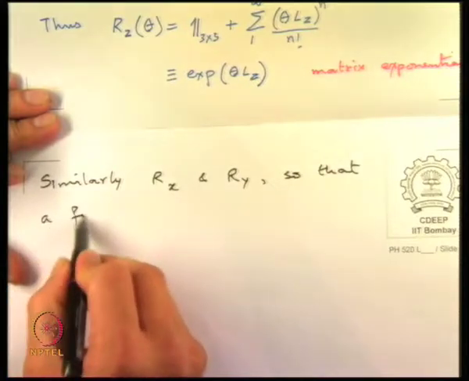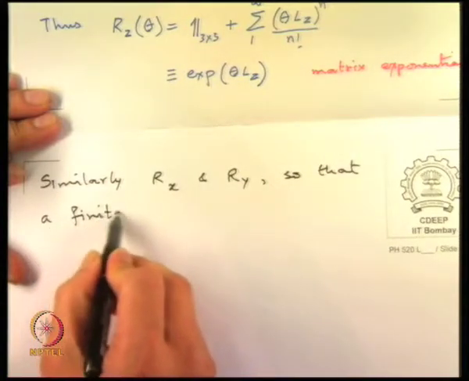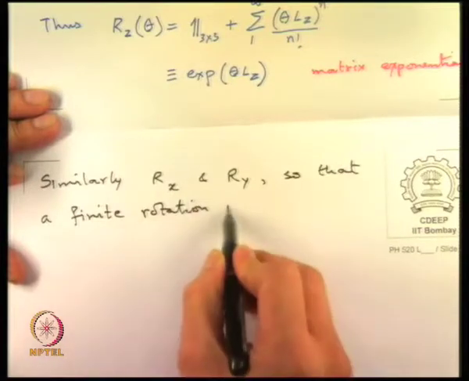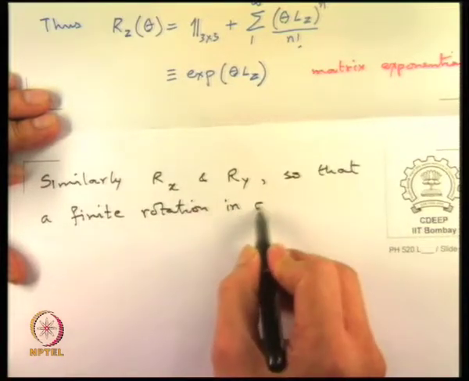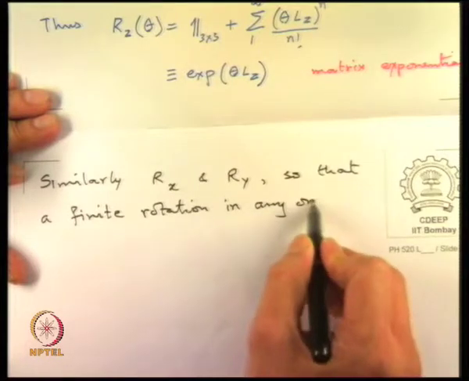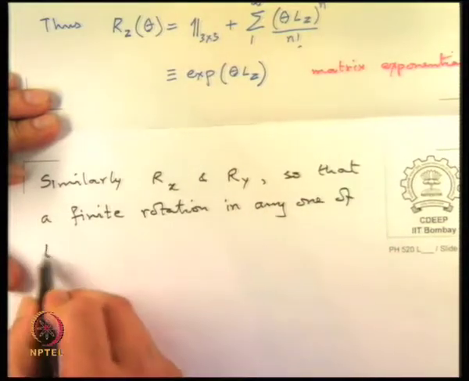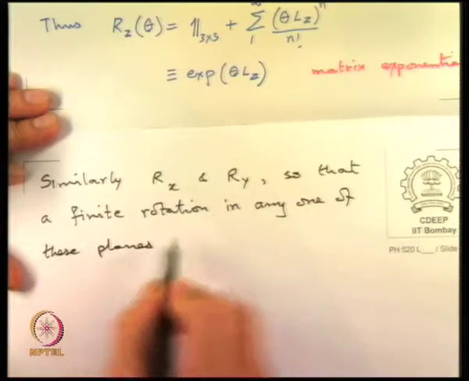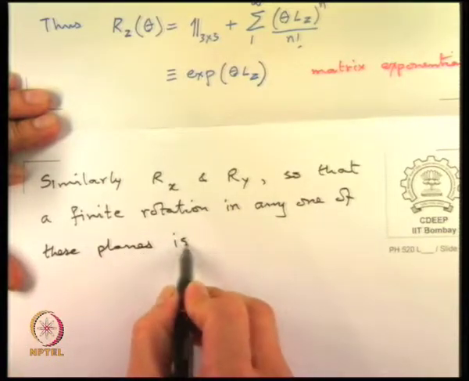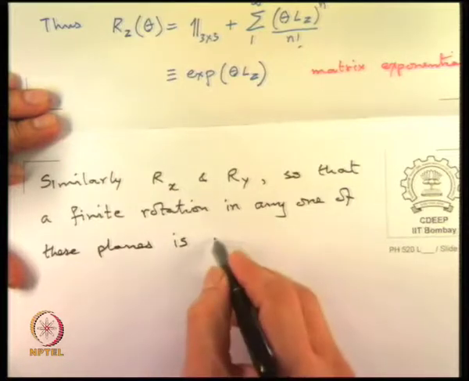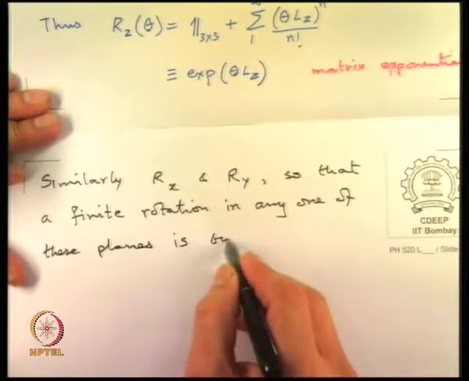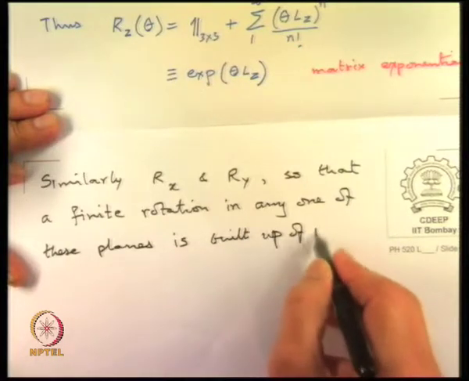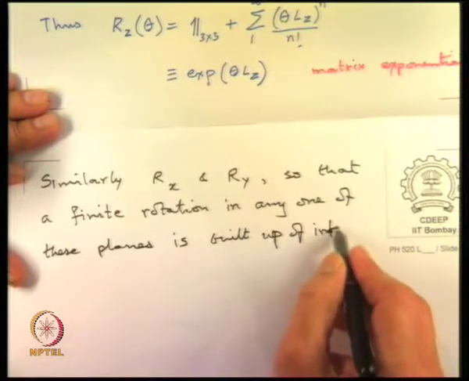A finite rotation in any one of these planes is built up of infinitesimal ones in a very simple way.